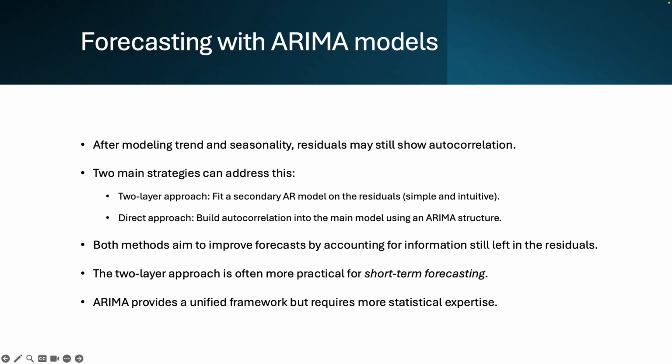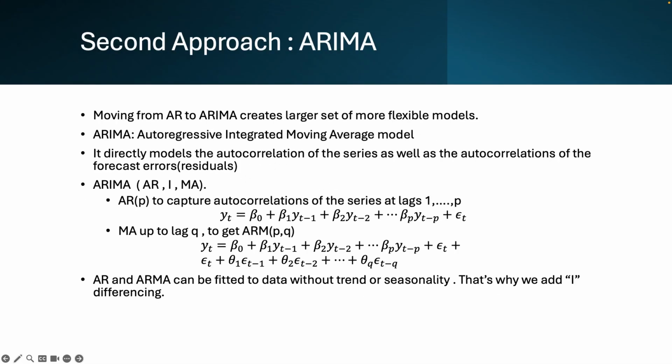The second approach that we're going to do today is using the whole model at once, as an ARIMA model. It's preferred to use the first method, the two-layer approach, because the other one is automated, and we are going to see this and speak about it during the example. So the second approach is we create a large set of flexible models.